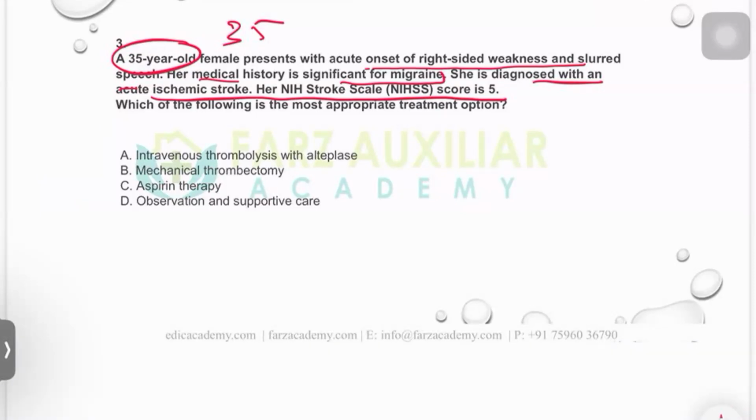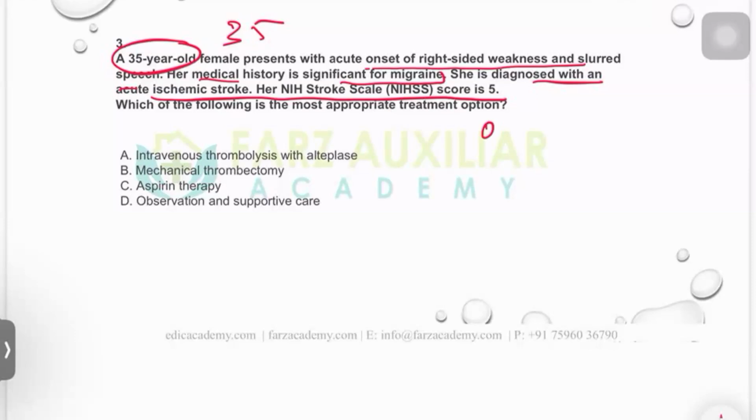Exactly. This patient has suffered an acute stroke and we need to thrombolyze the patient because the score is 5. More than 3 or 5. Yeah. So 1 to 4, minor stroke. 5 to 15, moderate stroke. 16 to 20, moderate to severe. 21 to 42, severe stroke.